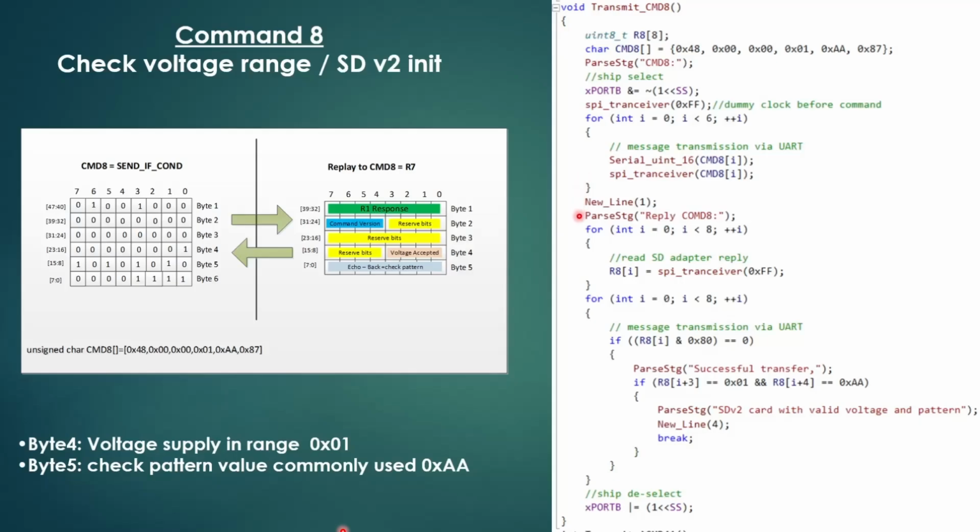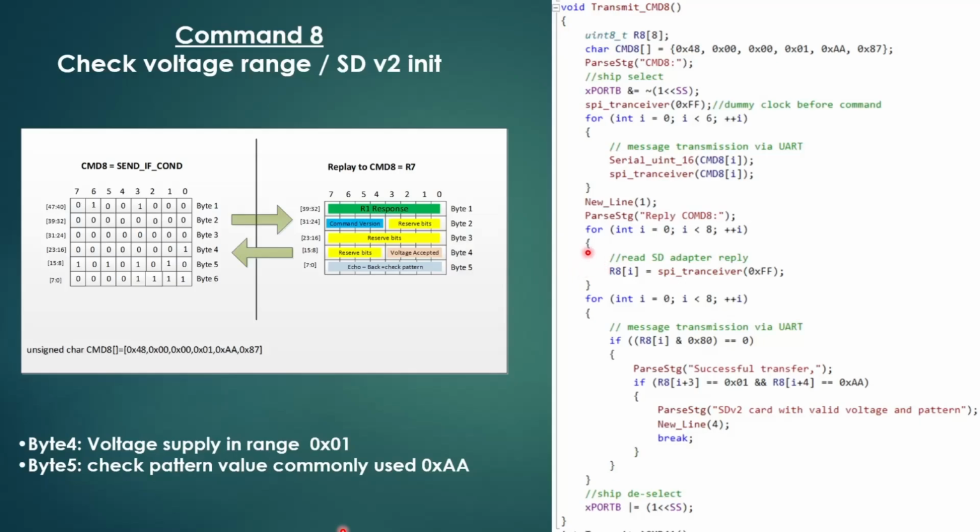Once we've done that, we need to start getting status back from the SDHC. There are a lot of parameters that we're going to have to check: bit 1, bit 4 for the voltage accepted, and bit 5 for the echo response.